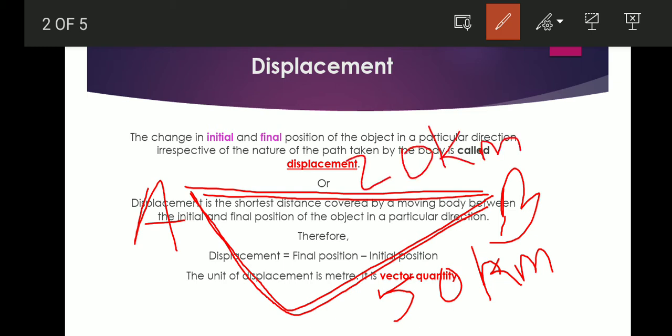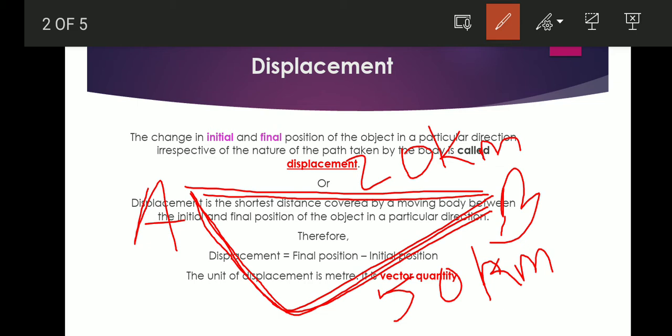Only 20 kilometer. But the way you travel to reach B, you follow this path and you covered 50 kilometers. In this case, your displacement actually is only 20 kilometer. Okay, but the distance that you covered is 50 kilometer.